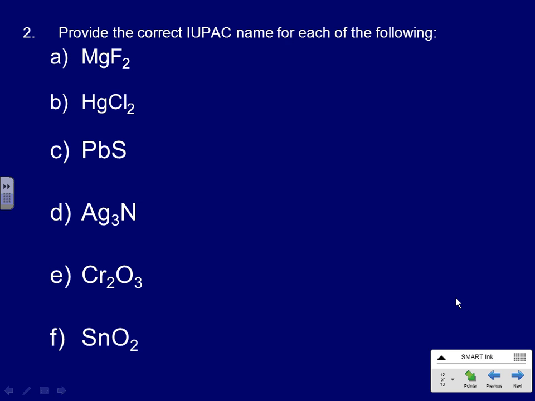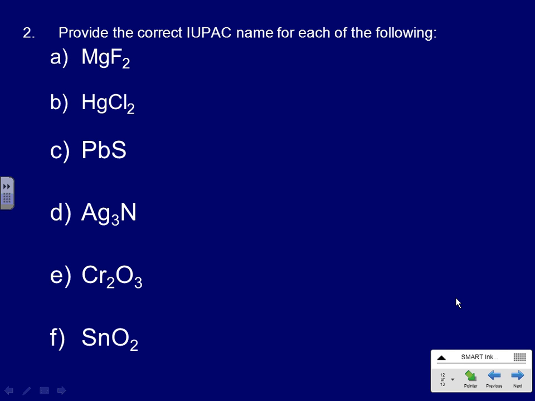Now, at this point, you got to decide which ones are going to have Roman numerals or not. Magnesium, group 1 and 2? No. It's not going to have Roman numerals. Magnesium has only one possibility. Your transition metals are the ones that you're checking for. So this group, no brackets.